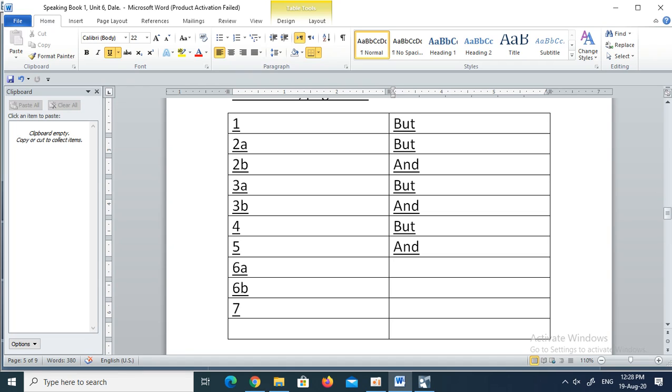6a, students who cheat may do well on tests and they may get good grades. Okay, 6a, and. Students who cheat may do well on tests and they may get good grades, but they don't learn anything. 6b, but.